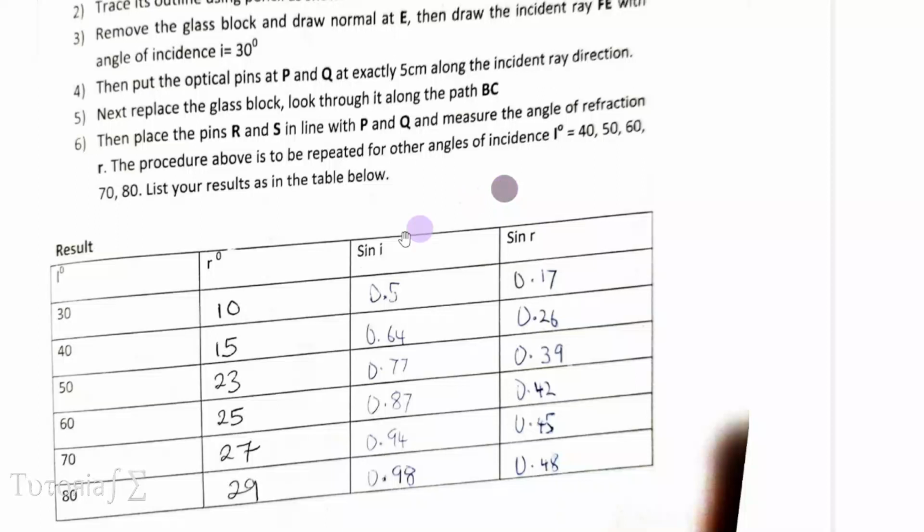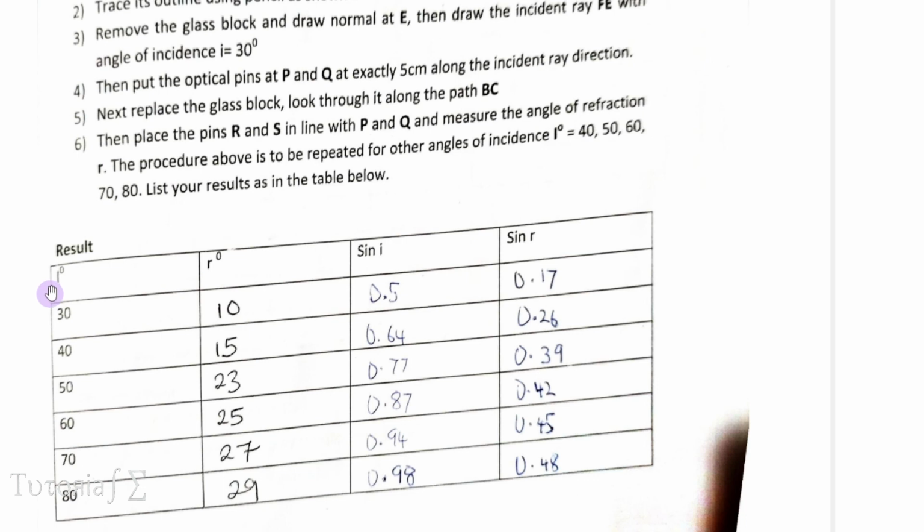Okay, so now the instructions were that the pins should be placed at these angles: 30 degrees, 40 degrees, 50 degrees, 60 degrees, and 70 degrees as your incident angles. Okay, so these were your incident angles, and now you are asked to get the refracted angles.